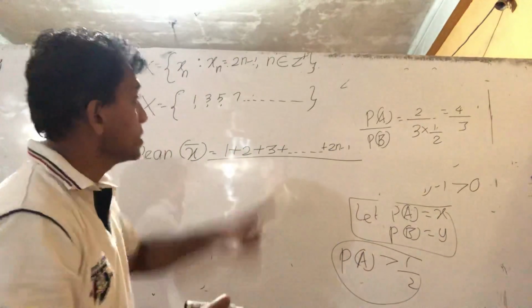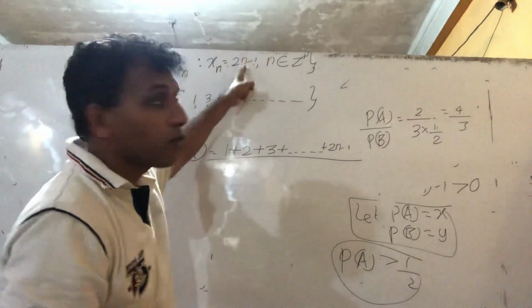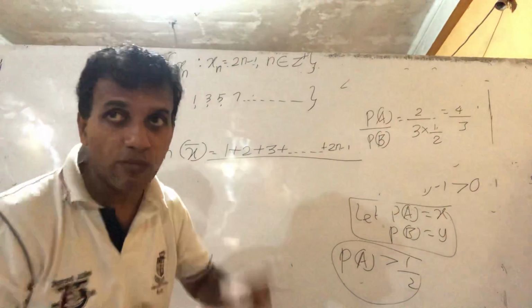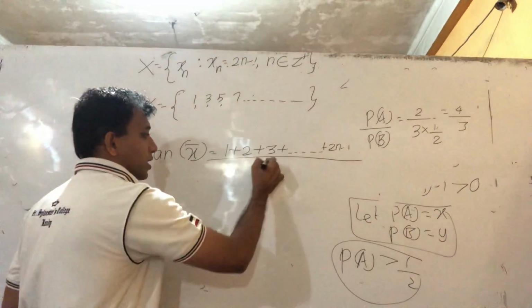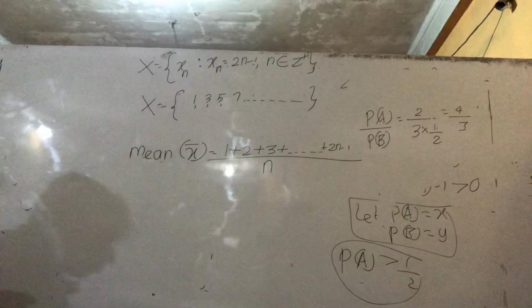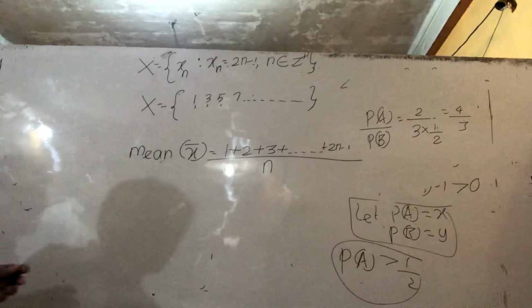N numbers, up to the n value. N values are there, right?